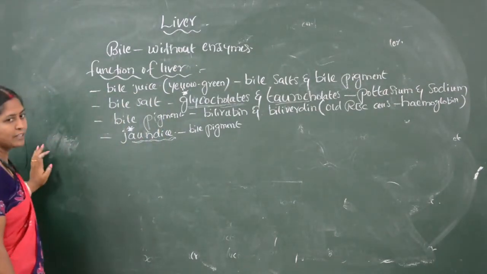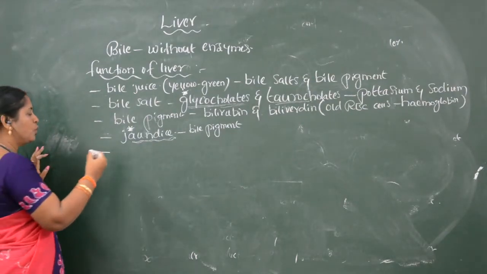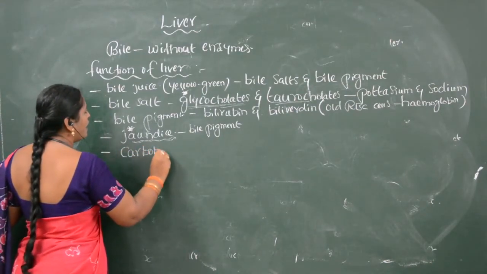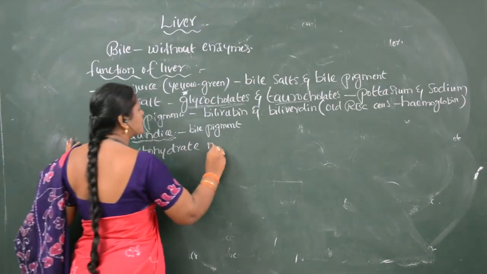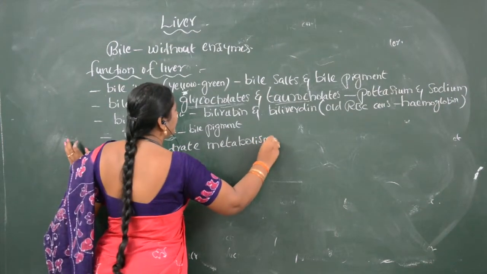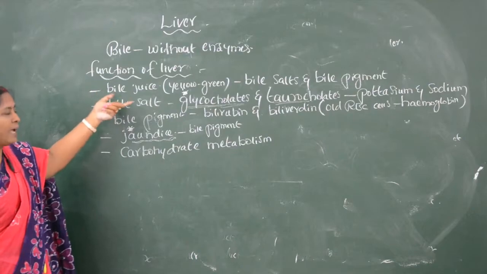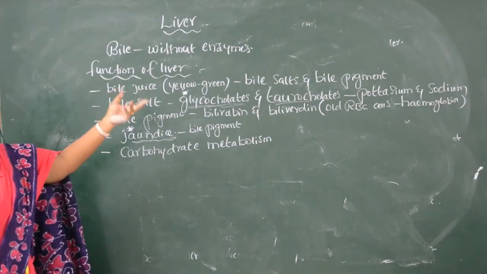Another important function of the liver is that the liver plays a major role in carbohydrate metabolism. So what is the other function of the liver? The first function of the liver is that it secretes bile juice, which is yellowish green in color and consists of bile salts and bile pigments.